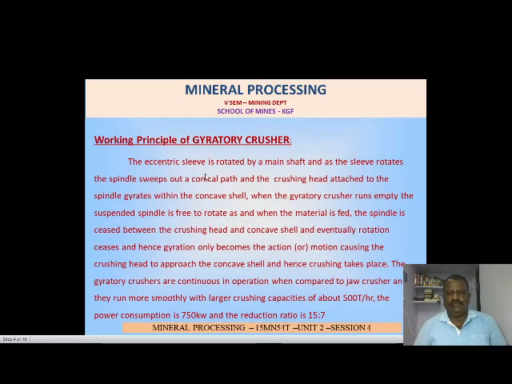The eccentric sleeve is rotated by the main shaft, and as the sleeve rotates, the spindle weaves out a conical path and the crushing head attached to the spindle gyrates within the concave shell. When the gyratory crusher runs empty, the suspended spindle is free to rotate.